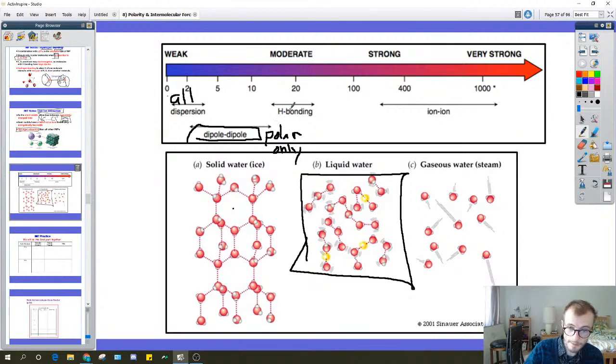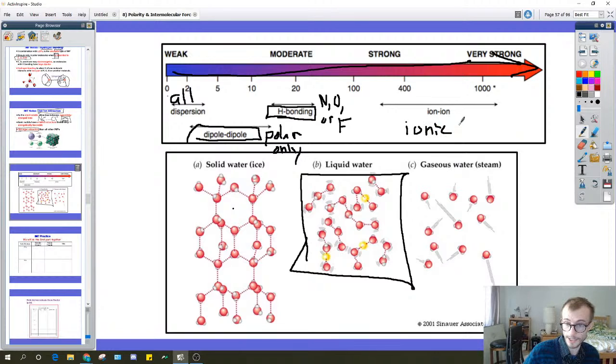And then on top of that, we got H bonding, which is basically a special kind of dipole-dipole interaction that is only true if you have a hydrogen that's bonded to an N, an O, or an F. So a nitrogen, an oxygen, or a fluorine. And then way over here on the spectrum, all the way to the right, you have ion-ion interactions. This is only present in ionic bonds.